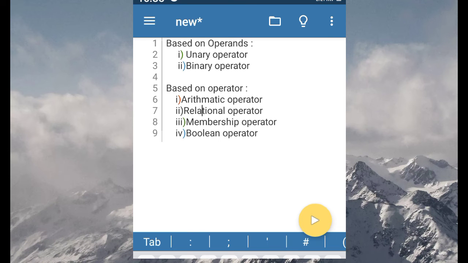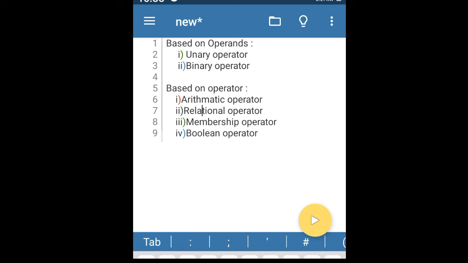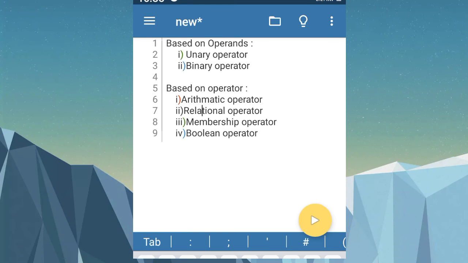If there is only one operand present, this is called a unary operator. For example, we give minus 4. Here, minus 4 is called a unary operator because it contains a single operand, that is 4.